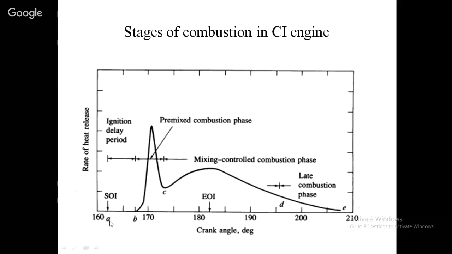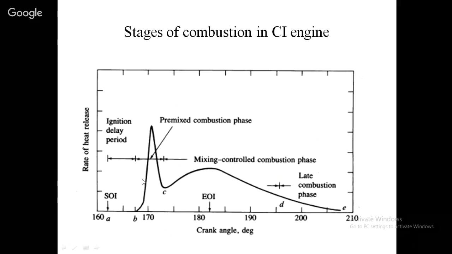If you see from point A to point B, there is no heat release. So it means we are sending fuel, since we have started already at point A, up to point B there is no increment in the release. There is no release actually.